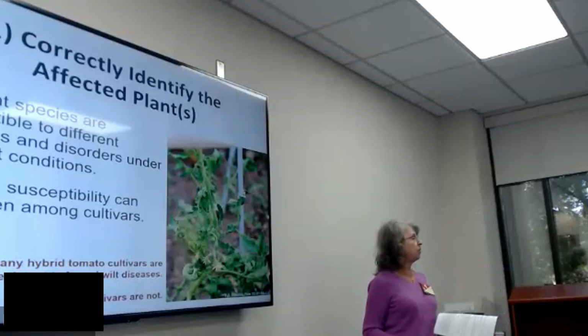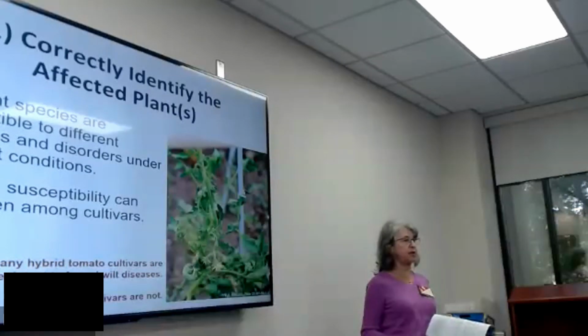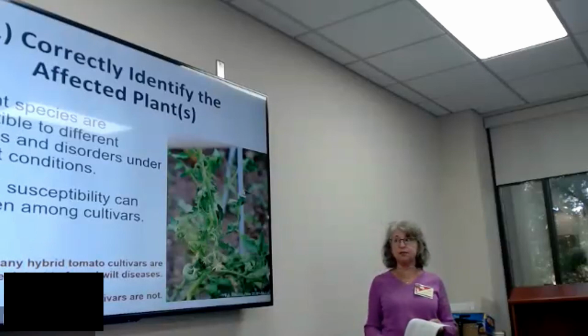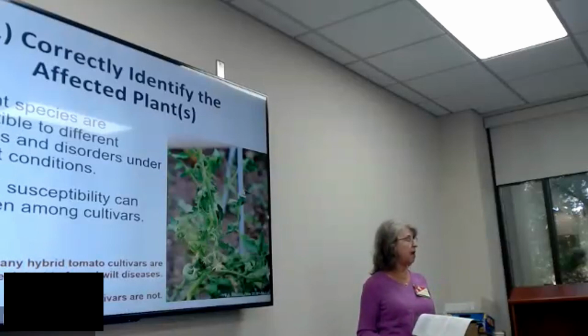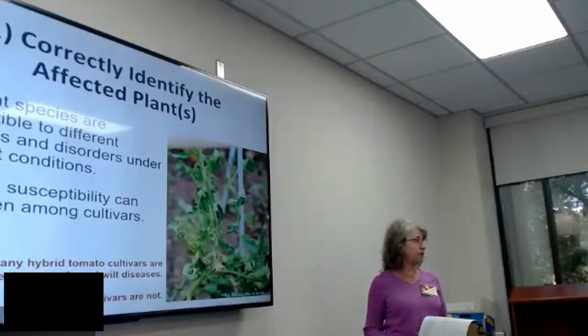A lot of people like to grow heirloom variety tomatoes. Heirloom varieties are not bred to be resistant to things like fusarium wilt, verticillium wilt, and nematode damage, so they're very susceptible to those things, but more modern hybrid varieties have been bred to be resistant to a lot of these diseases and problems. So it's important to find out what cultivar they're growing.